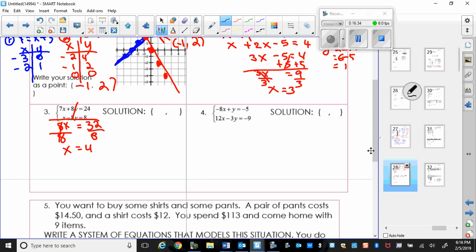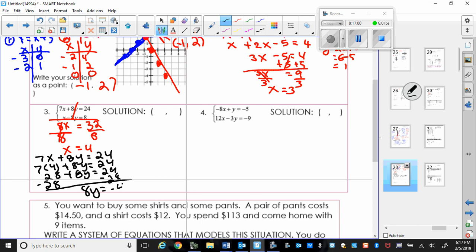So y, 7x plus 8y, I'm going to use the first equation, equals 24. You can use the second one if you want. And x equals 4, so 7 times 4 plus 8y equals 24. That's 28 plus 8y equals 24. Subtract 28 on both sides, and I get 8y equals negative 4.